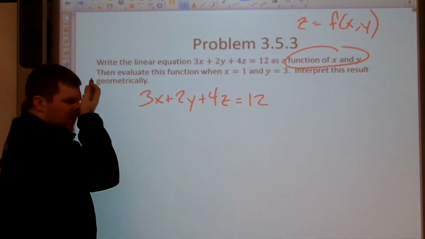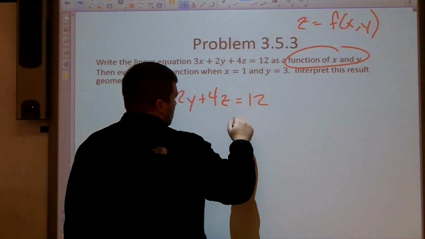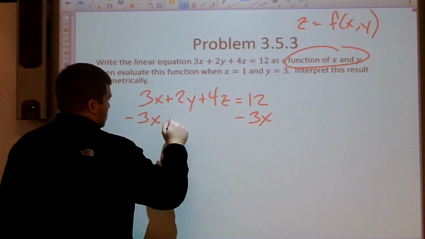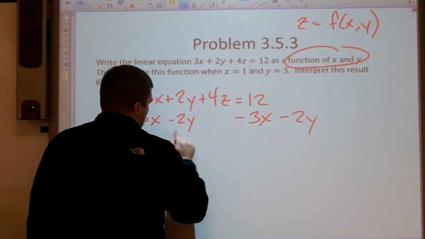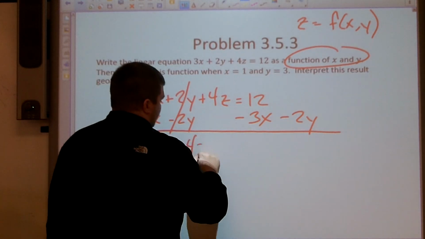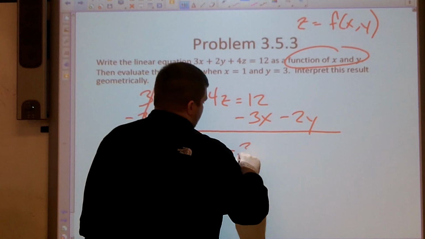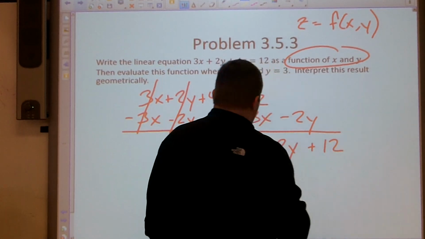Get z by itself. So I need to subtract 3x and also subtract 2y. Okay, cancel out. So I'm just left with 4z is equal to negative 3x minus 2y plus 12.